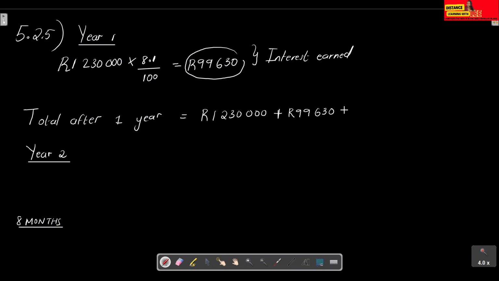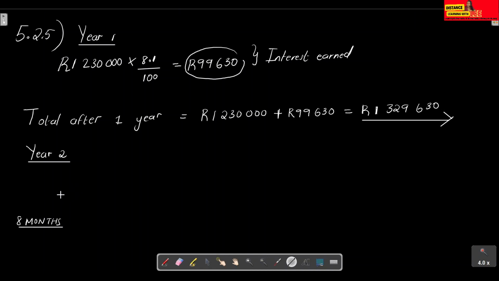If you punch this into your calculator, you'll find that at the end of the first year, Ryan actually has 1,329,630.